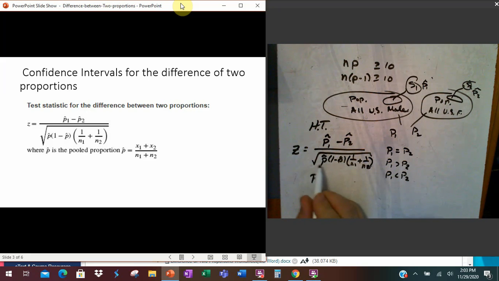But here we're defining our P hat to be X1 plus X2 over N1 plus N2. N1 is the size of the sample from population 1, and N2 is the size of the sample from population 2. And that's called the pooled proportion.